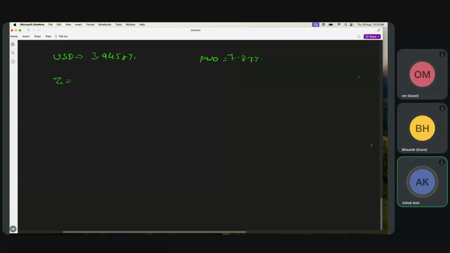So what is Z1? Just tell me what is Z1. Sir, for USD I deleted that; I calculated AUD. For USD, my Z1 is 0.9803.